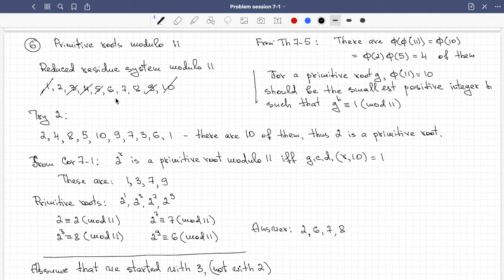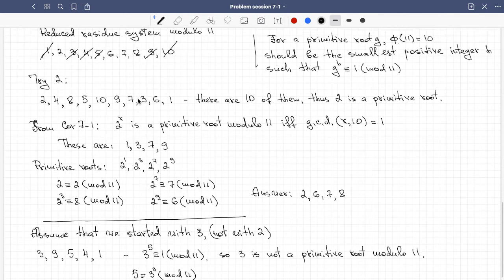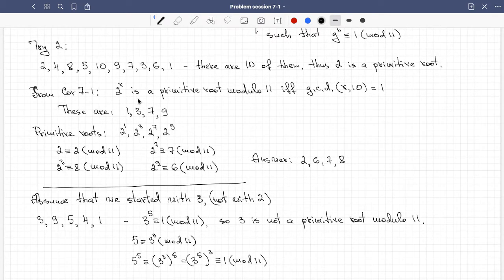There are only 4 suspects. So all of them are primitive roots. Thus, in both cases, we are kind of lucky. With this choice, in this particular example, with the choice of 3, we are even luckier. We got away with a smaller amount of calculations.